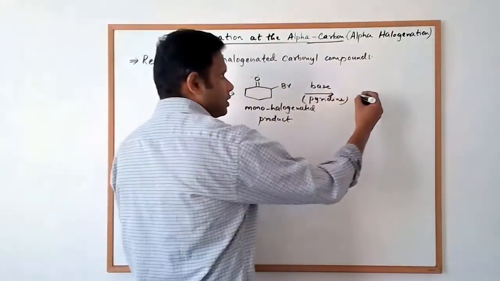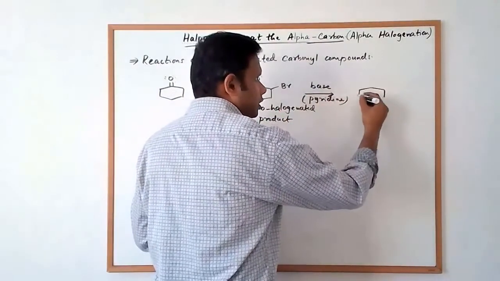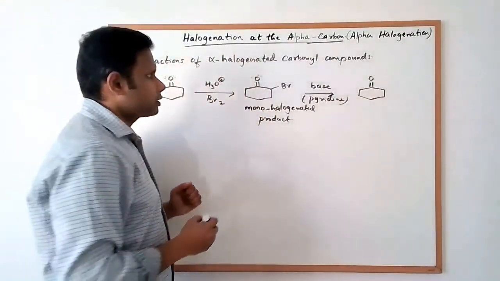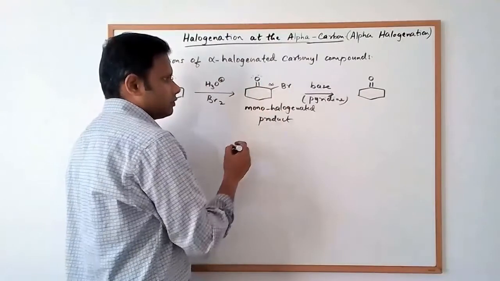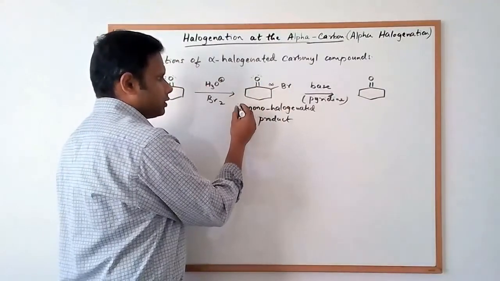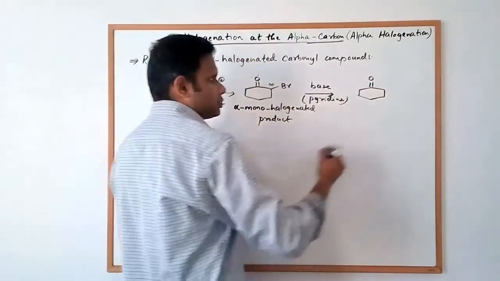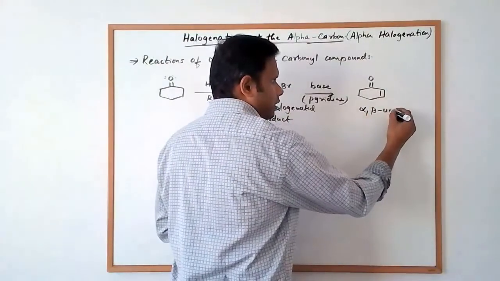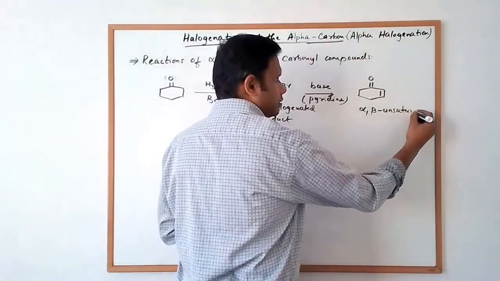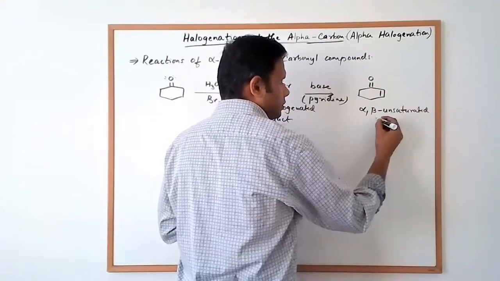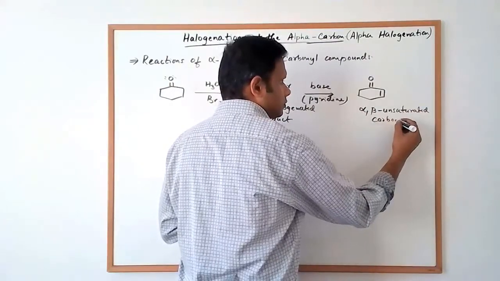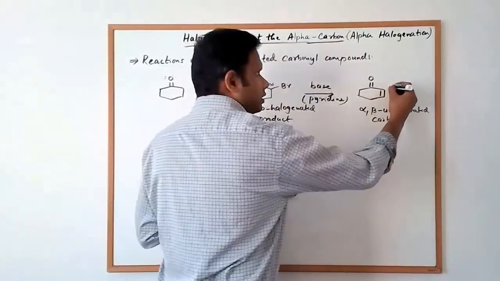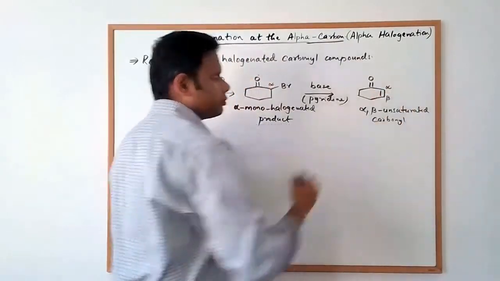And what happens is when you do this reaction, you can convert this alpha monohalogenated product into an alpha beta unsaturated carbonyl. It can be converted into an alpha beta unsaturated carbonyl compound.